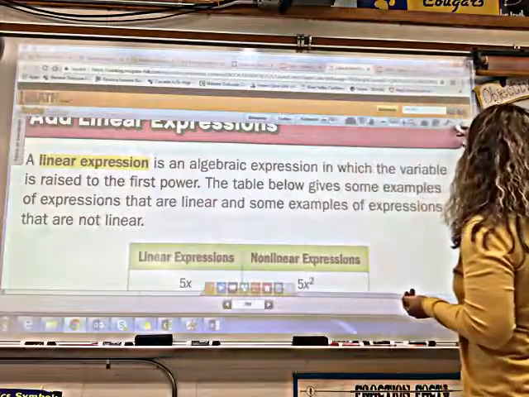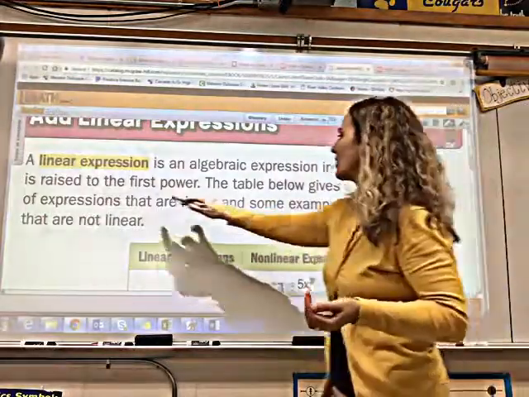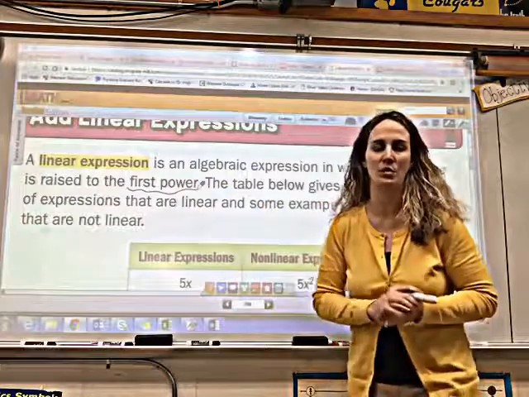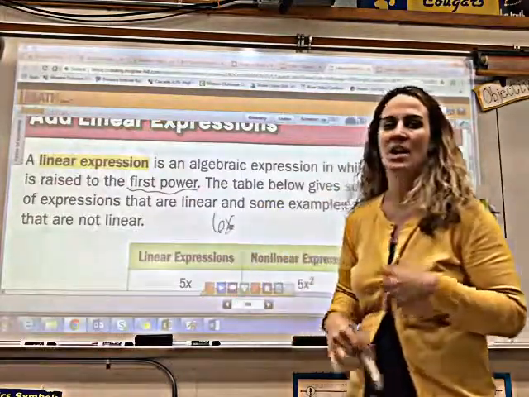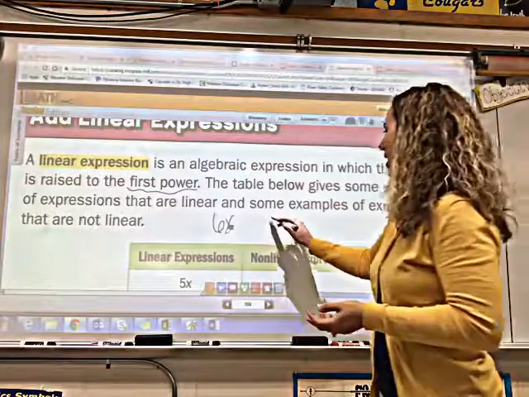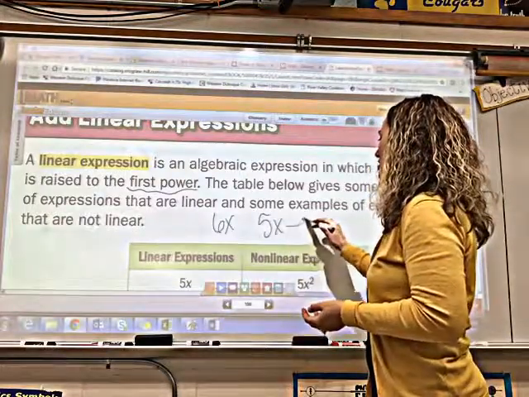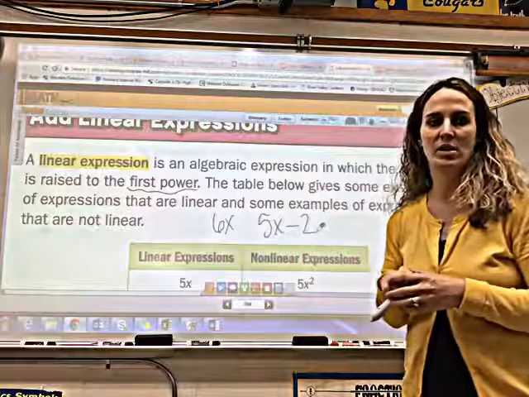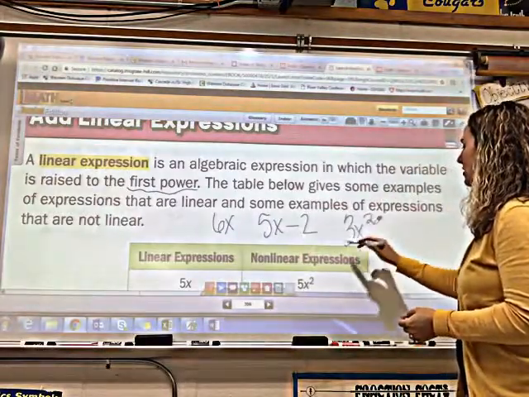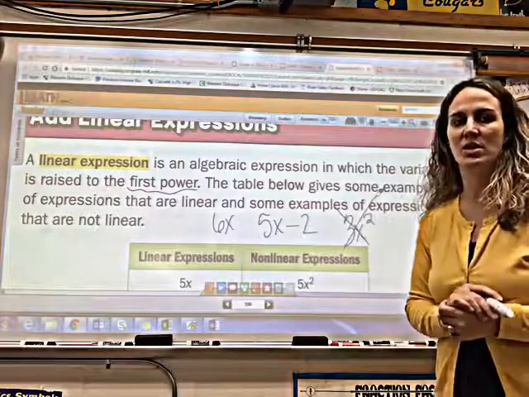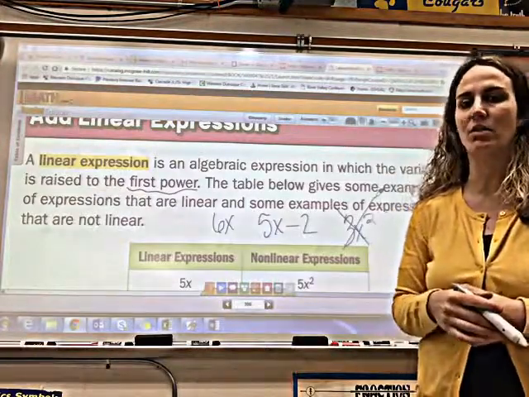It's important that you remember that. So if I have 6x, that is raised to the first power. Maybe I have 5x minus 2. X is being raised to the first power. If I would write out 3x squared, that one is not going to work because it's being squared and it's not raised to the first power.